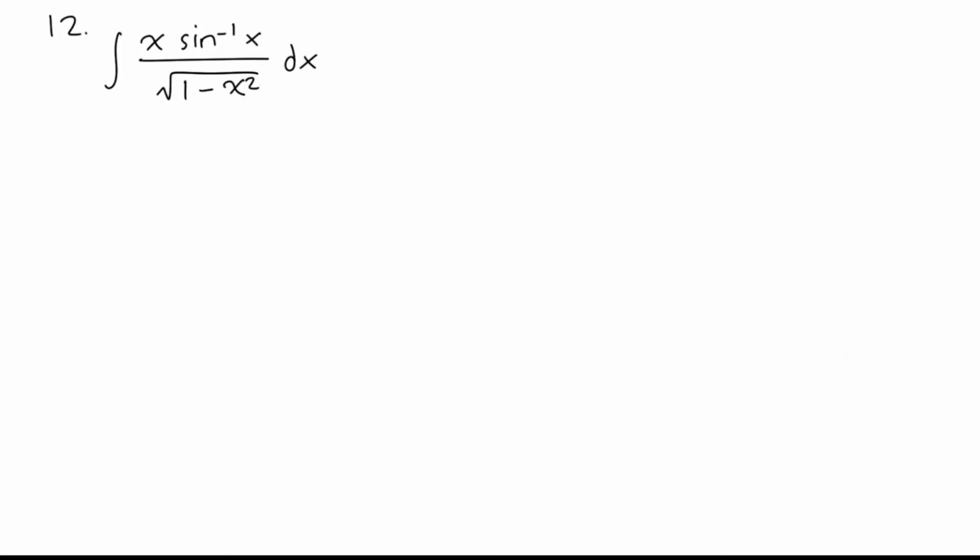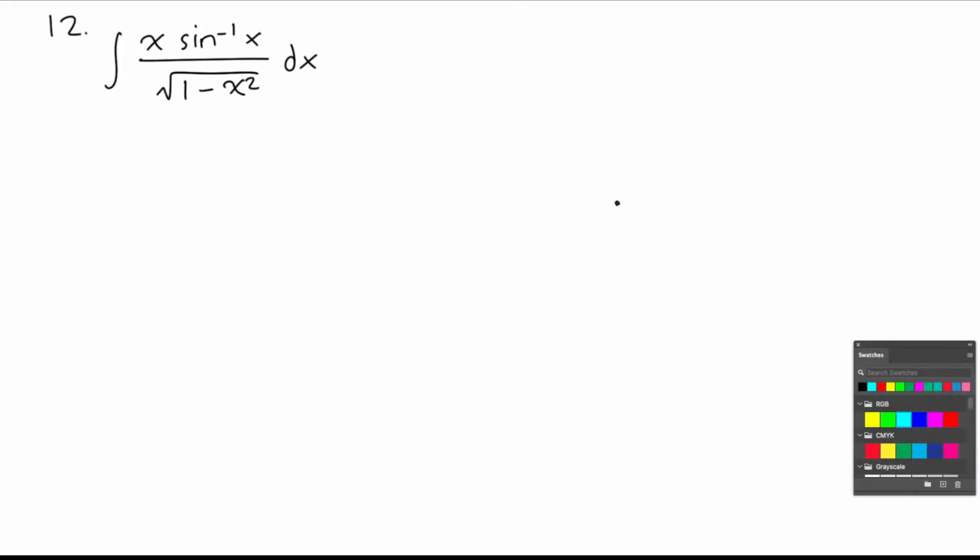See, the fun thing with this one is not many people know this, but there's a fun formula which states that the derivative of sine inverse x, d dx of sine inverse x, equals 1 over square root of 1 minus x squared. Oh, not dx.